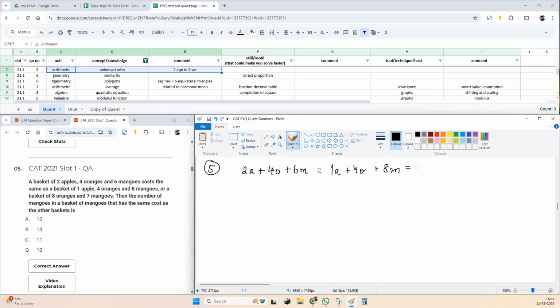And these two have the same cost as a third basket with 8 oranges and 7 mangoes. So we want a fourth basket that contains only mangoes and nothing else, which should cost the same as these three baskets. How many mangoes are in there is basically the question.